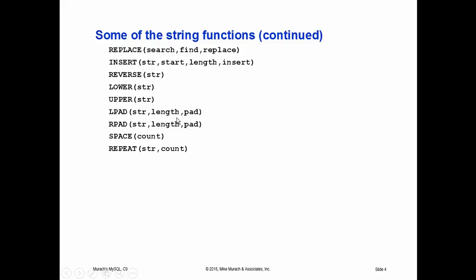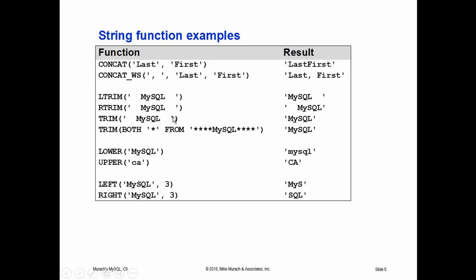More string functions, and here's some examples. Now the concat we've already looked at, and there is a difference between the concat and the concat WS. I'm trying to remember offhand what the difference is, so I did pull out my book.